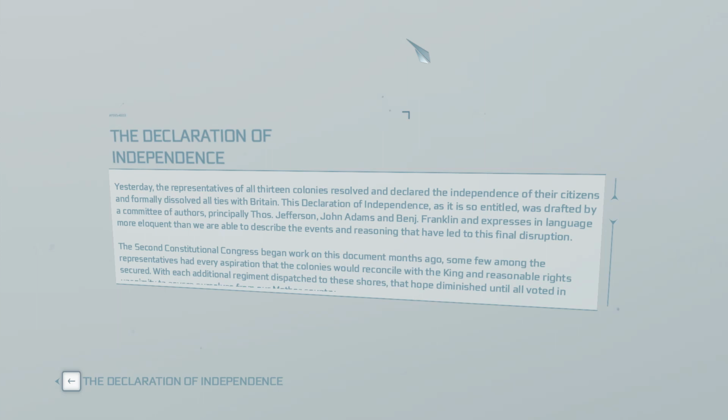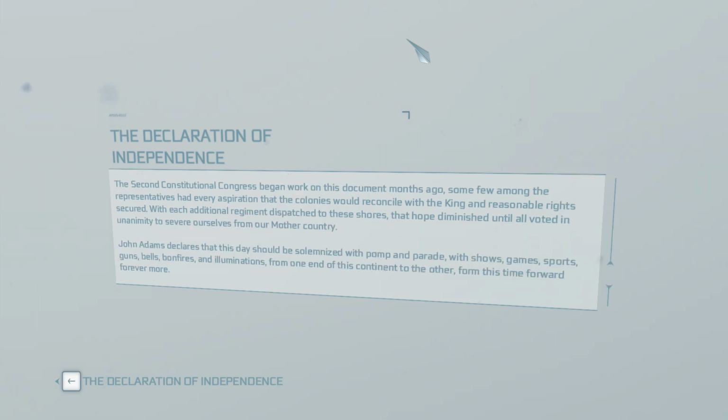The Second Continental Congress began work on this document months ago. Some few among the representatives had every aspiration that the colonies would reconcile with the king and reasonable rights secured. With each additional regiment dispatched to these shores, that hope diminished until all voted in unanimity to serve ourselves from our mother country.